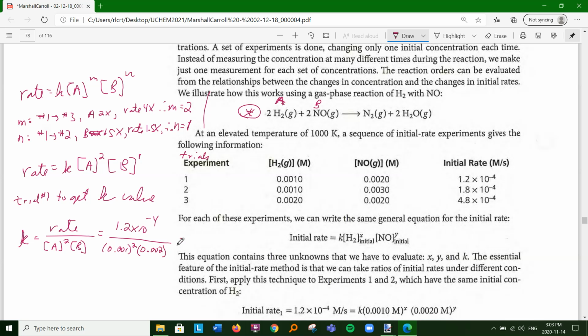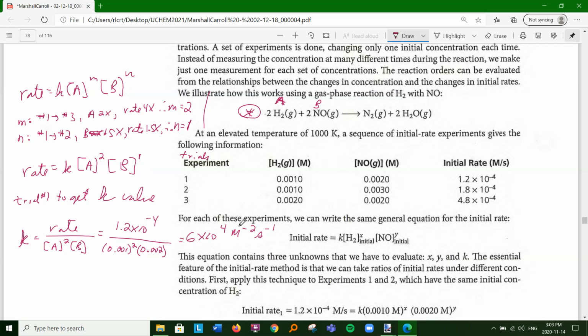That gives 6 by 10 to the 4. Units, molarity to the minus 2, seconds to the minus 1.